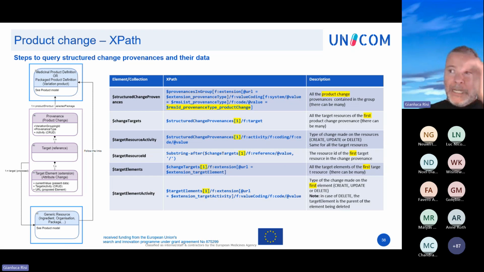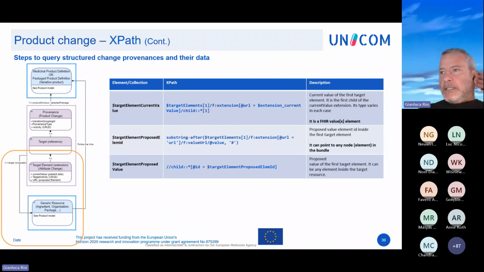So when we have all this information about the change, we need to get to the actual value present and proposed. So we need to make those 3 last queries. The first one is to get the current value in case of a deletion or an update.